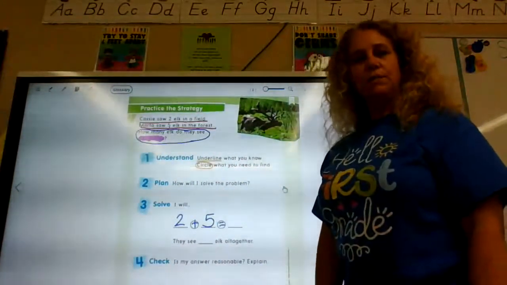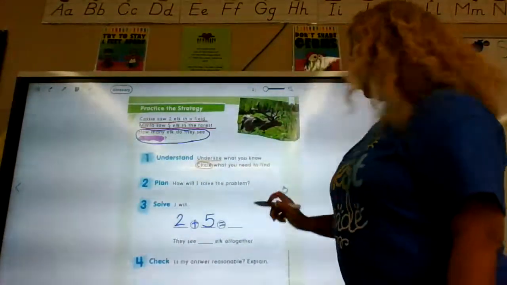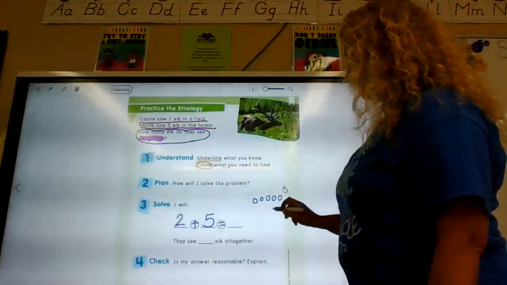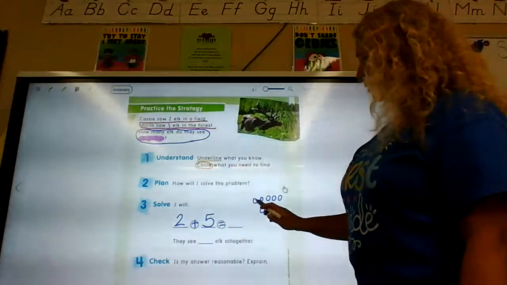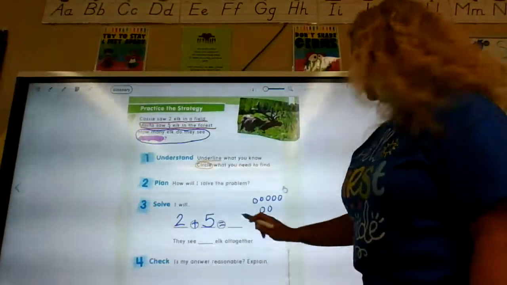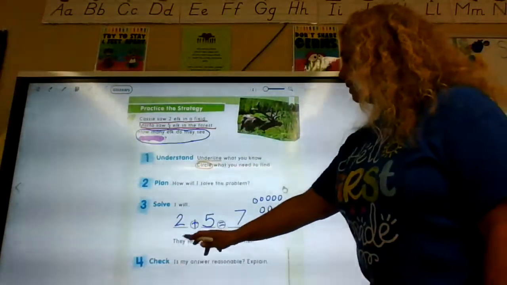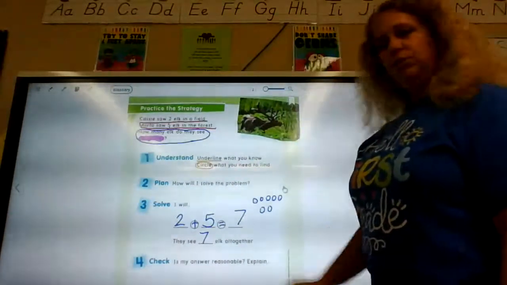So 2 plus 5. Okay. We can use the fingers, or you can always draw. 3, 4, 5, 1, 2. Let's count them all together. 1, 2, 3, 4, 5, 6, 7. Equals 7. So they see 7 elk all together.